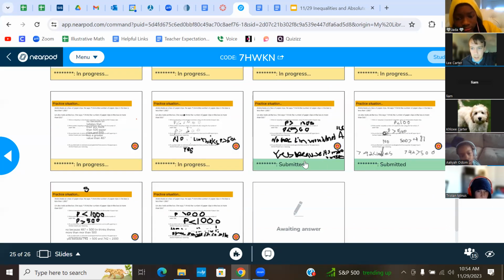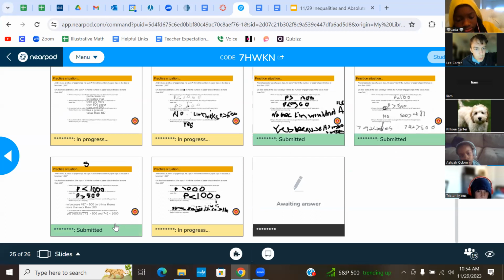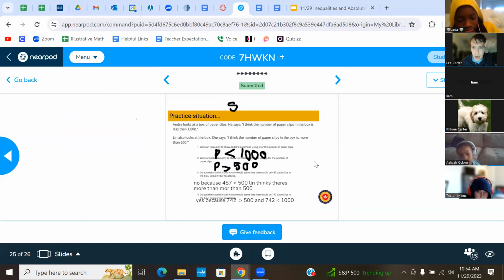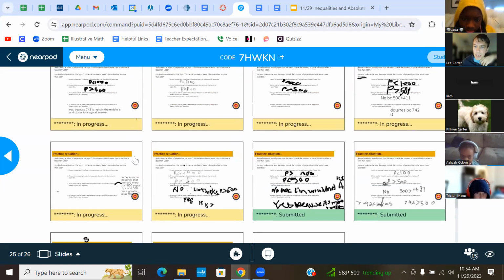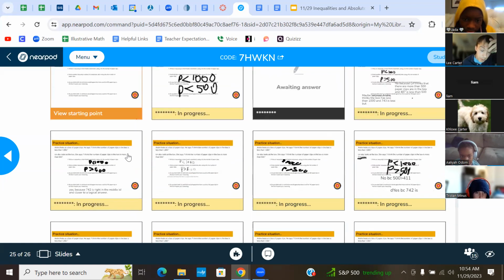And there's one right here that was good too, where, for example, this one said yes because 742 is greater than 500 and less than 1000. So that was Shelby. Good answer, Shelby. Okay. Because it's in that gap right there, right? So the gap between 500 and 1000. Okay. So something like that is totally a good answer on that one.